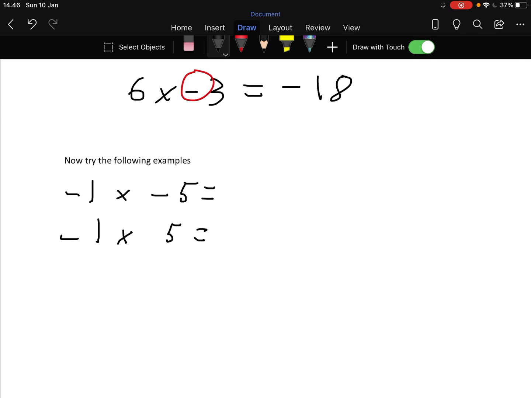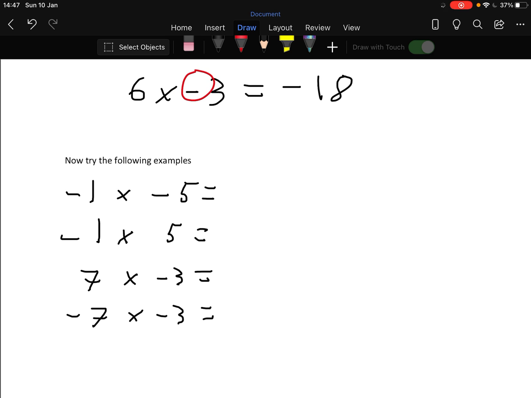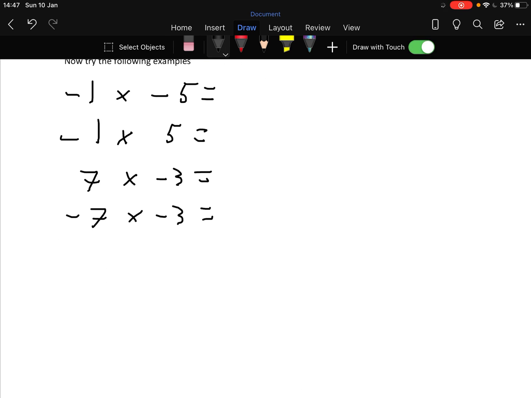What's that going to give us? 7 multiplied by -3. -7 multiplied by -3. Okay, so I know I'm giving you the same numbers, but it's just to get you used to the idea of the multiplications and the sign changes. Minus 6 multiplied by 4.